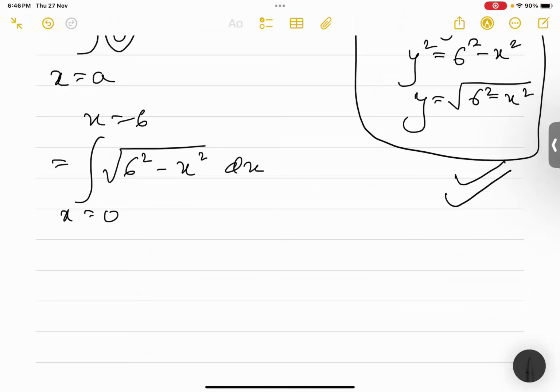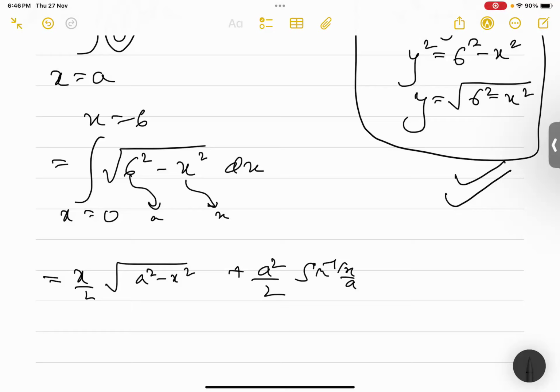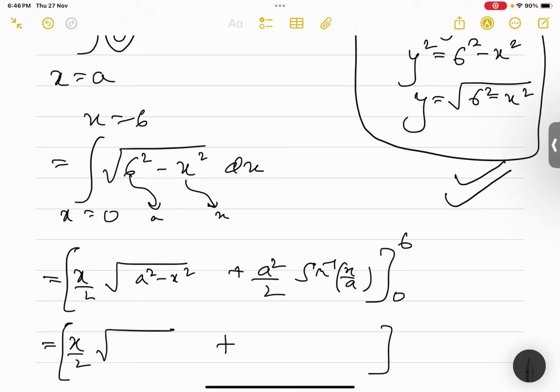Now, this is what you have learned: x by 2 root of a square minus x square plus a square by 2 sine inverse x by a, from 0 to 6. What is the value of a? A is 6.